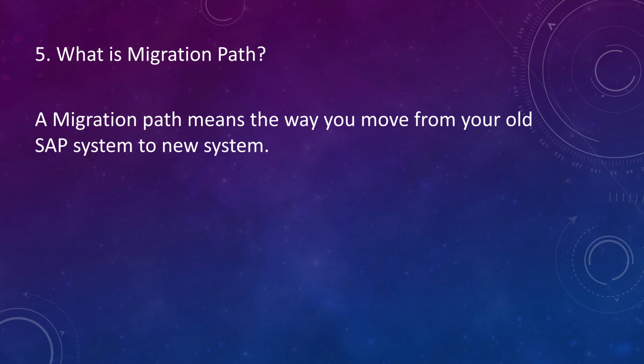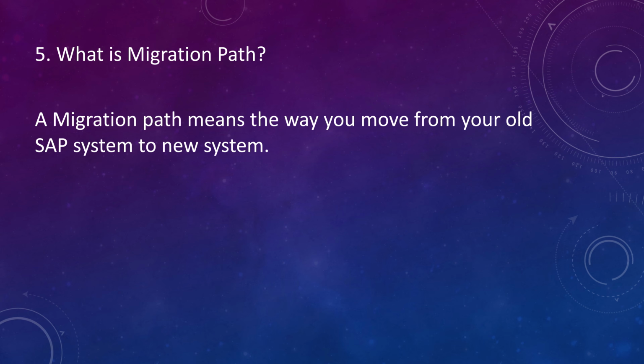Now let's understand what is migration path. A migration path means the way or method you follow to move from your old SAP system to a new system. For example, moving from SAP ECC to SAP S4HANA or from an on premise setup to the cloud.